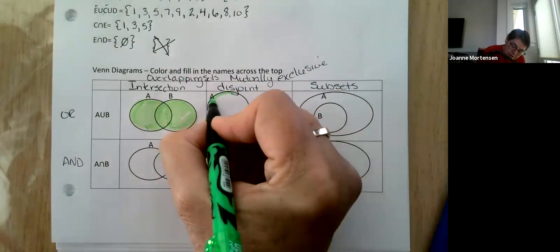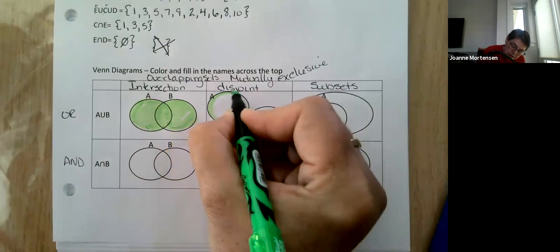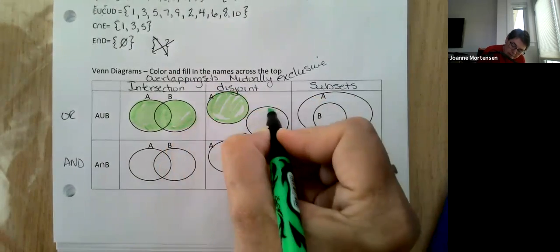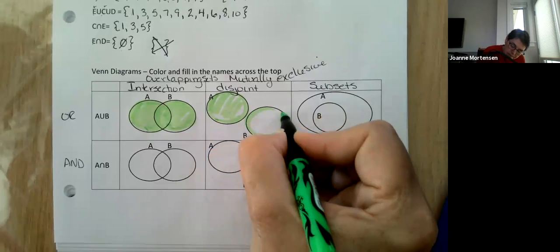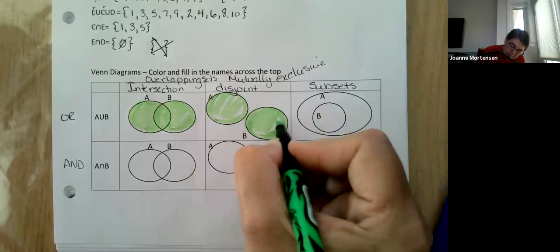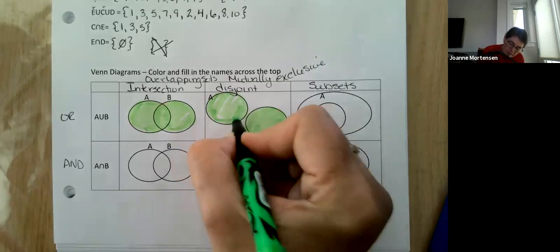So disjoint. There's A. There's B. A or B. It doesn't matter.